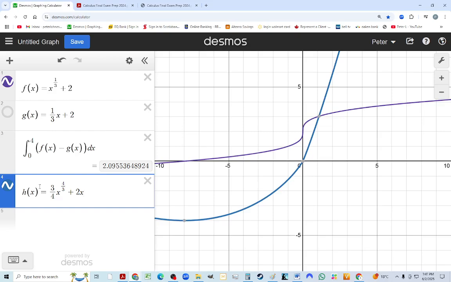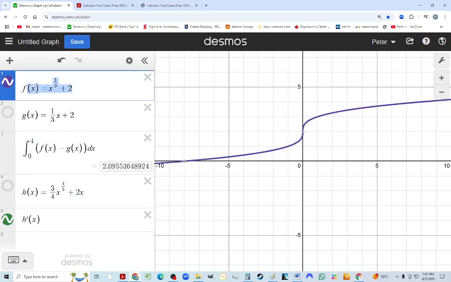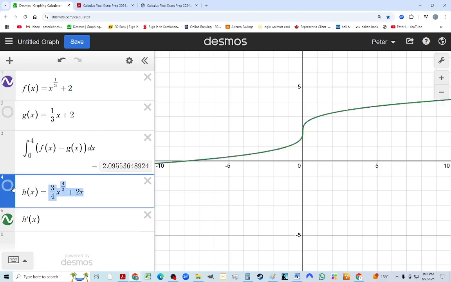And I can prove that's the antiderivative by taking the derivative of it, and I will get the same graph as my original. So that proves the derivative of this is that, which proves that this is indeed the antiderivative.